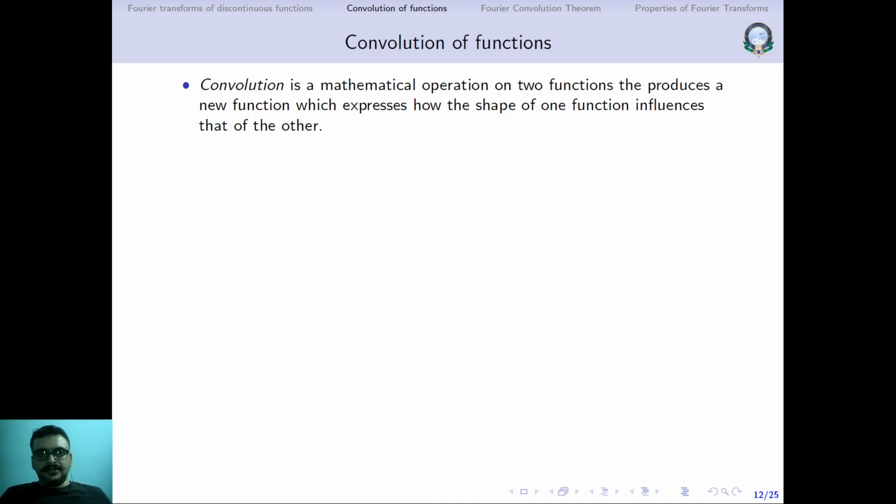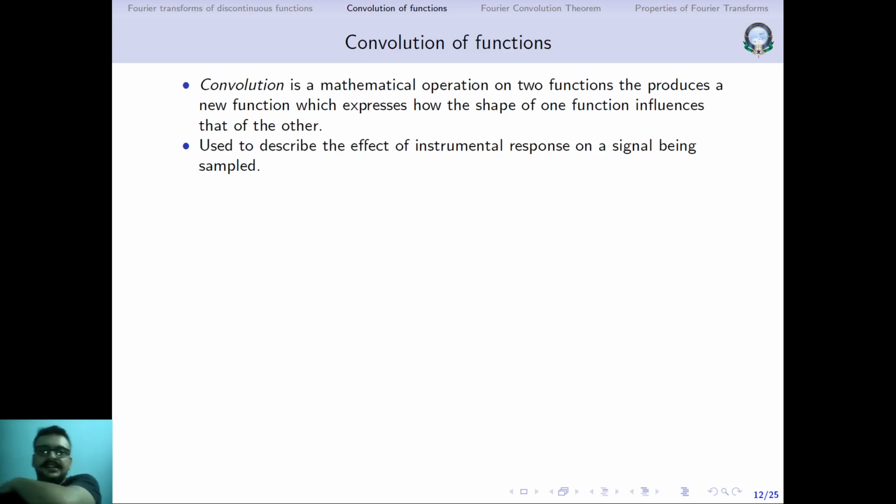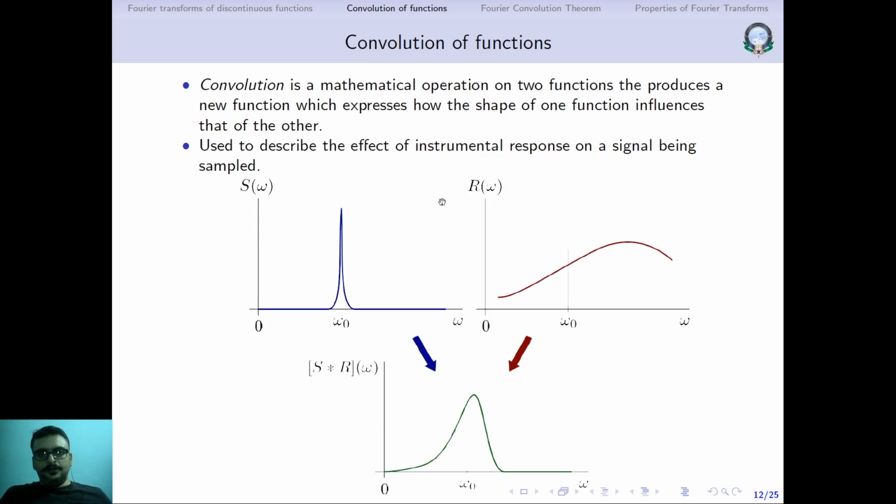Now this has tremendous applications in instrumentation. For instance, let's say I have a signal that I want to sample, and I'm sampling this signal using an instrument. This instrument will have a certain response, because it is not going to give me the exact value of the signal. The convolution will basically tell us what kind of effect the instrument is having on my measurement.